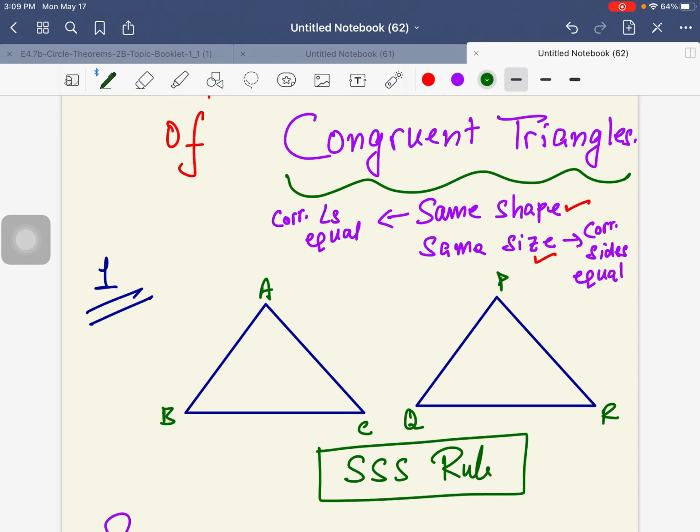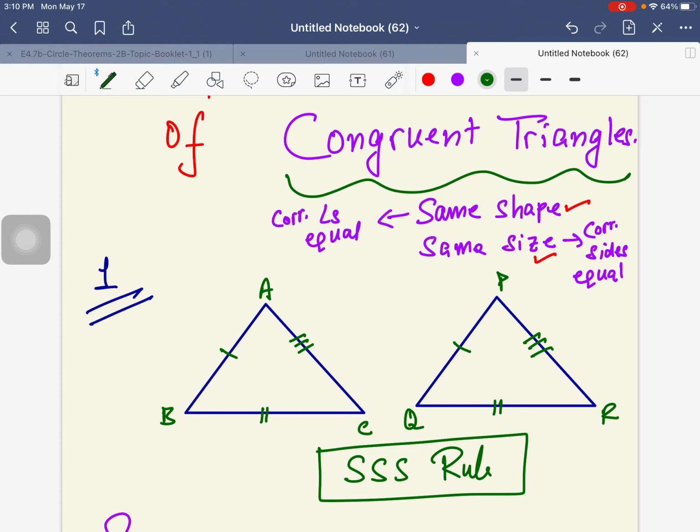By this rule, if corresponding sides of one triangle are equal in size to the corresponding sides of the other triangle, those triangles are congruent, they have same size, same shape. It means if AB is equal to PQ, and BC is equal to QR, then the third side AC must be equal to PR.